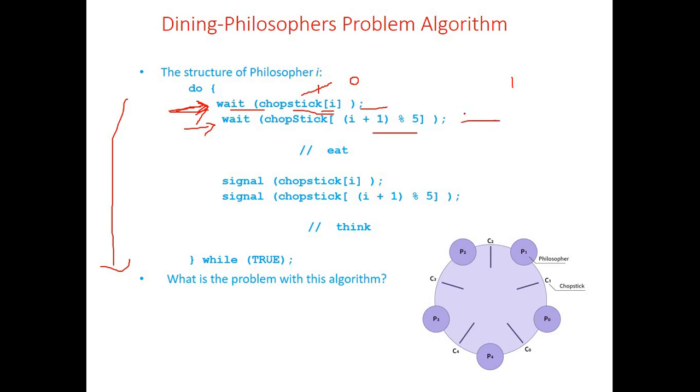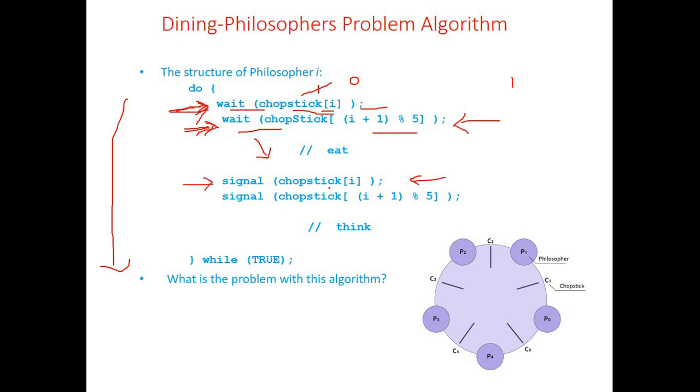So if i is the philosopher, the left chopstick is i and the right chopstick is (i plus 1) mod 5. In this way, if the right chopstick is available, then the philosopher will not be blocked here. He will take the right chopstick successfully, then he will enter the eating state. Once the philosopher completes his eating, he releases the left chopstick by calling the signal function.